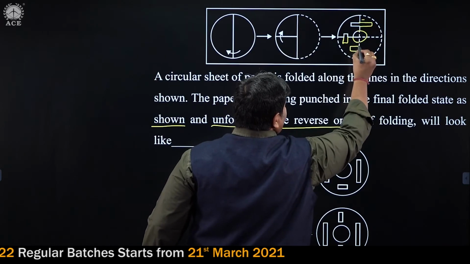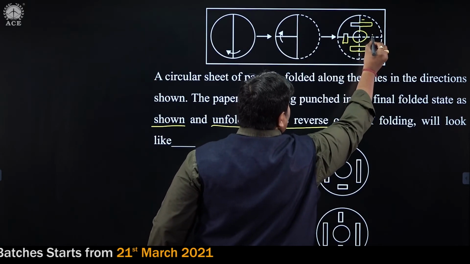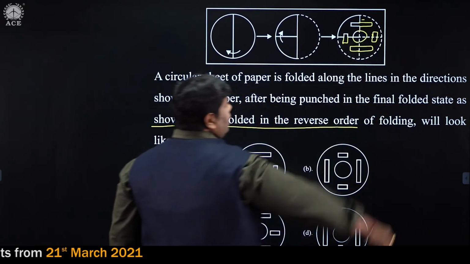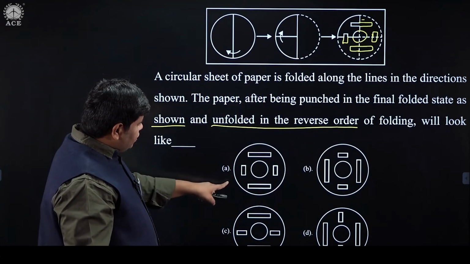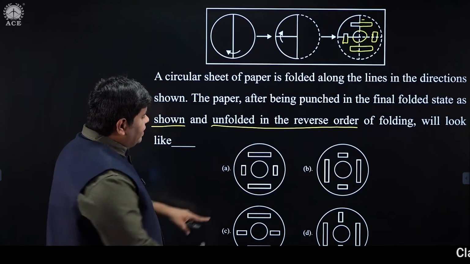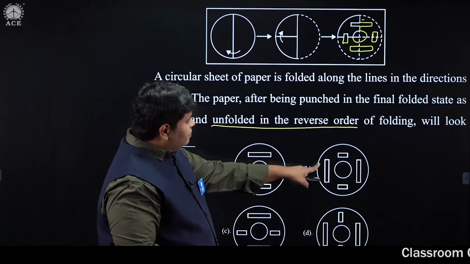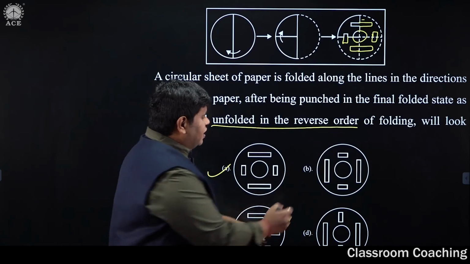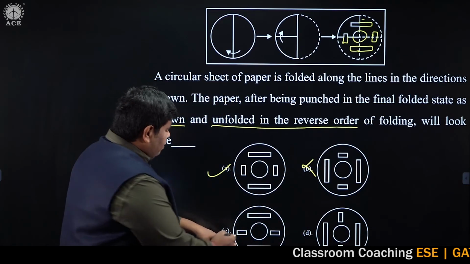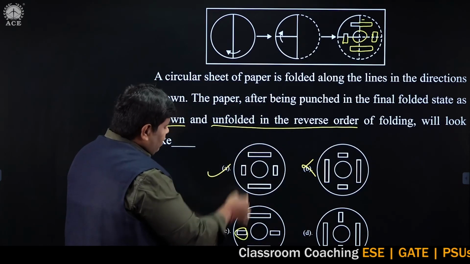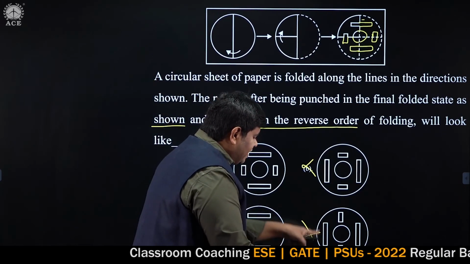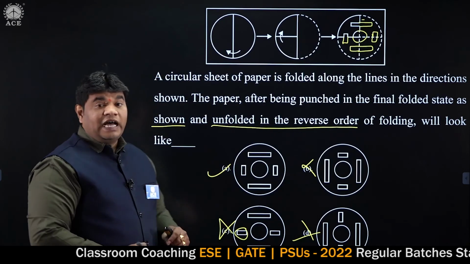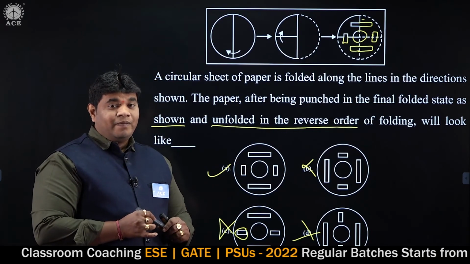See the diagram, unfolded. So which option is satisfied? You can check. The first option is directly satisfied. In the second option, this is a very long rectangle shape, not satisfied. Here this diagram is completely reversed, this box. This one also is reversed because it is lengthy. So what is the option? Option A is the answer.